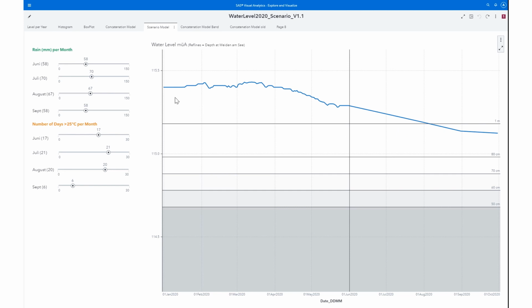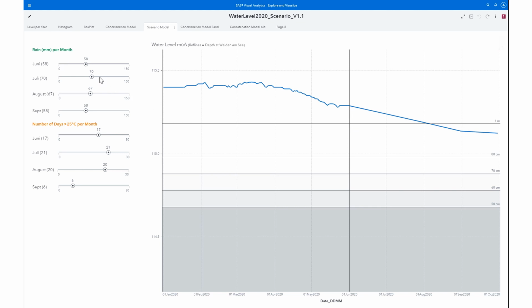On the left section of the line chart we see historic data until the 1st of June. And on the right hand side, between the 1st of June and the last day in October, we see the results based on the regression model that we just built.